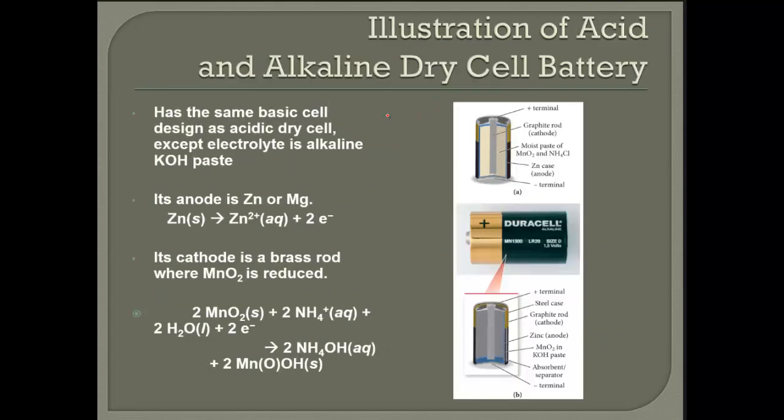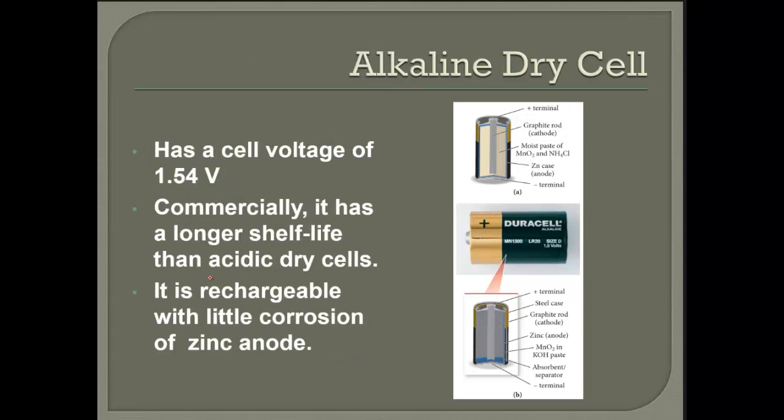However, we do have alkaline dry cell batteries, which are more commonly sold. It has the same basic cell design as the acidic dry cell, except the electrolyte is a potassium hydroxide paste. You'll notice that the potassium hydroxide comes up a lot in these batteries. Its anode, once again, is either zinc or magnesium, and you're still reducing the manganese oxide. So here's the terminal, and around it, here's the graphite rod.